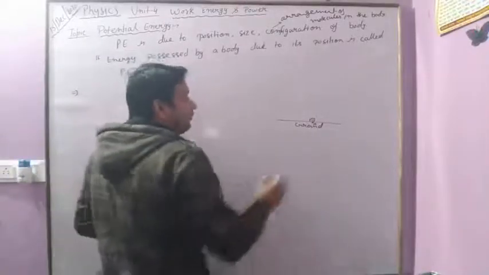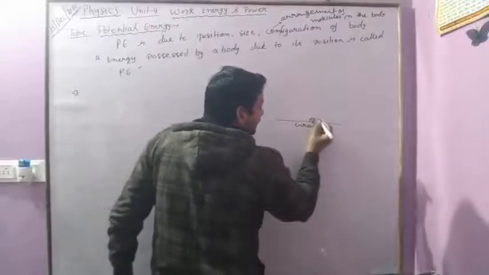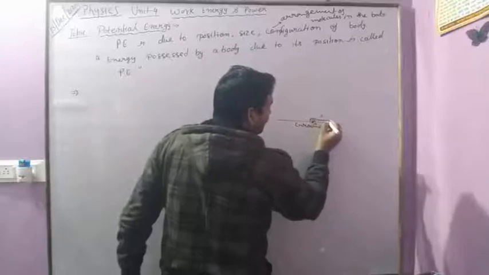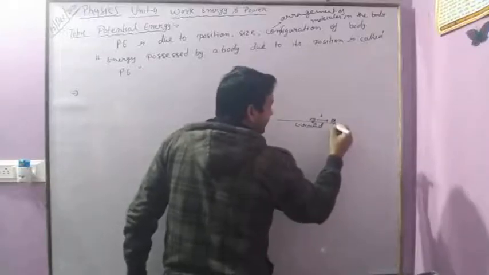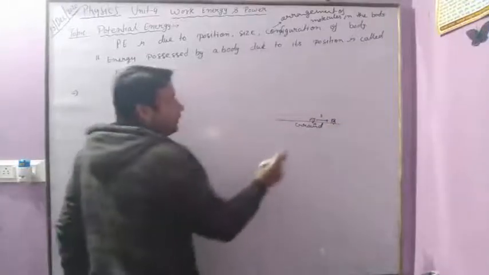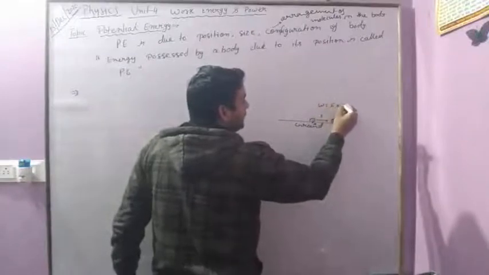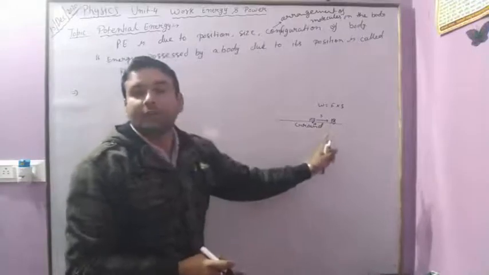Now if the body is displaced by applying a force by a distance s and reaches another location, then we find the work done, that is W is equal to F into S, due to the applied force in the direction of the displacement.